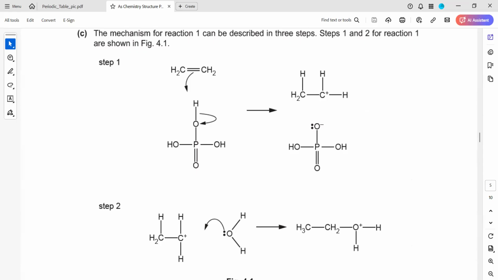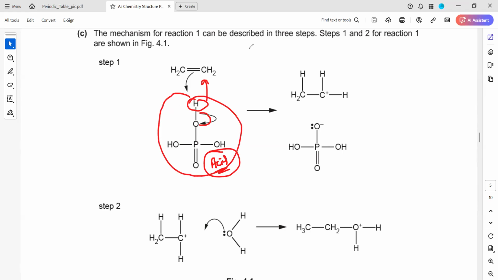H3PO4 is the formula for phosphoric acid. What it gives is a proton. It has donated the proton. So if a substance donates a proton, what do we call that substance? We call that an acid. So this compound is acting like an acid.